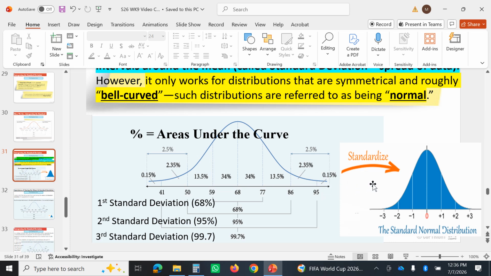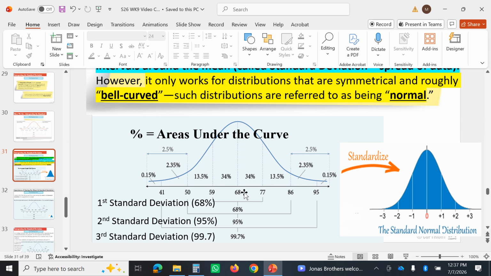We don't go into 4th, 5th, 6th because we only do 3 standard deviations, so that is the limit. Standard deviation was 9, so 68 minus 9 is 59, minus 9 is 50, minus 9 is 41, and that's where we stop. We have 3 standard deviations on this side, 3 on this side. We now have a good curve.